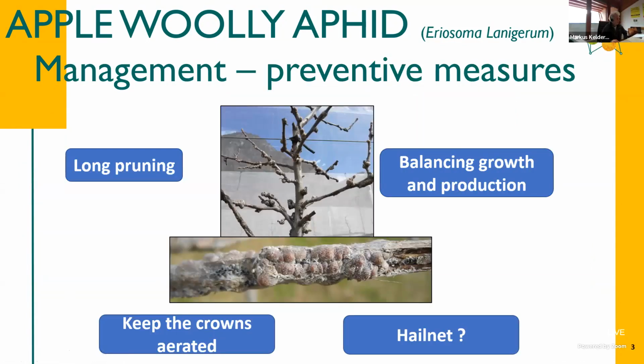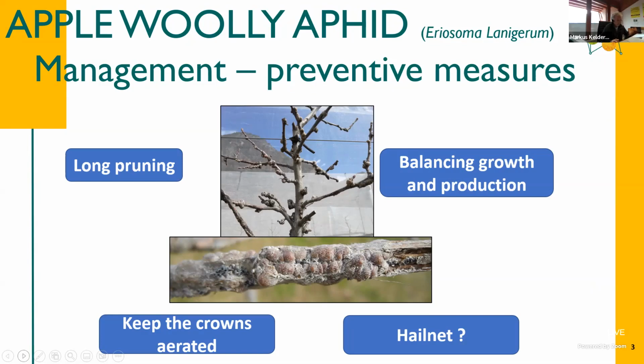Very important preventive measures are the balancing of the growth and the production. So it's recommended to do a long pruning and keep the crown aerated and not use black hail nets.